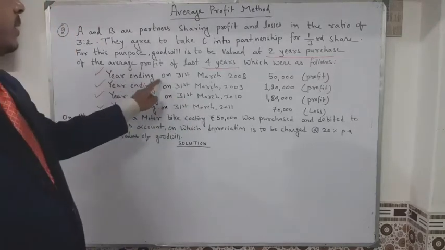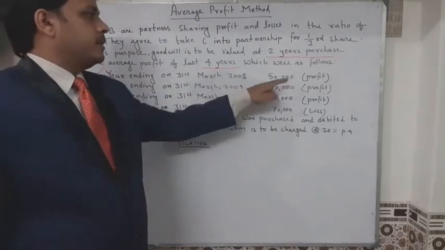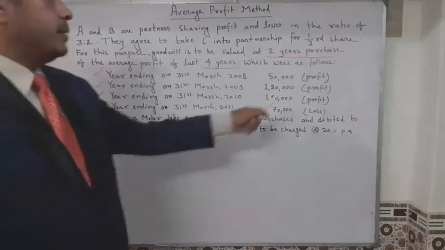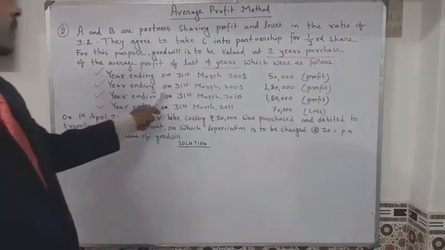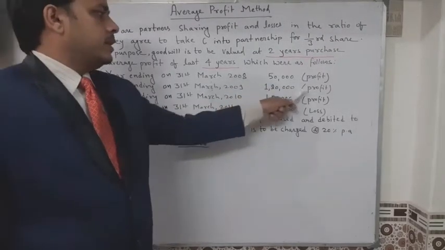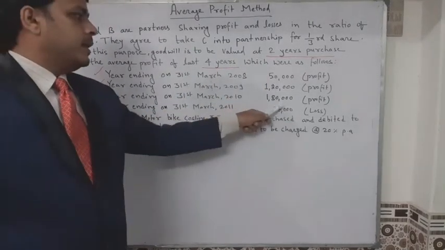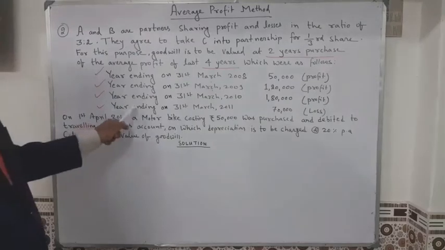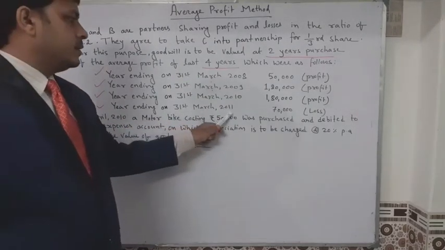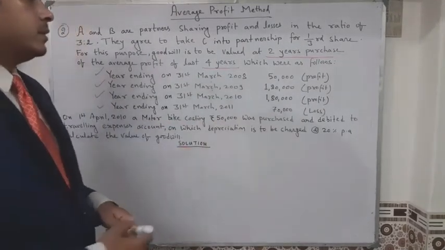Year ending on 31st March 2008, 50,000 profit. Year ending on 31st March 2009, 1,20,000 profit. Year ending on 31st March 2010, 1,80,000 profit. Year ending on 31st March 2011, 70,000 loss.